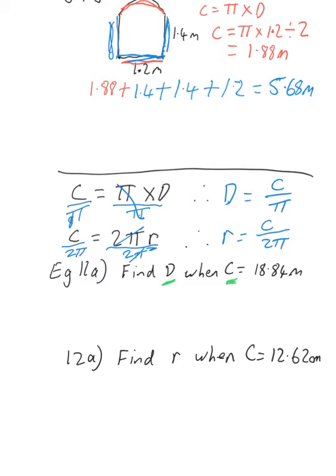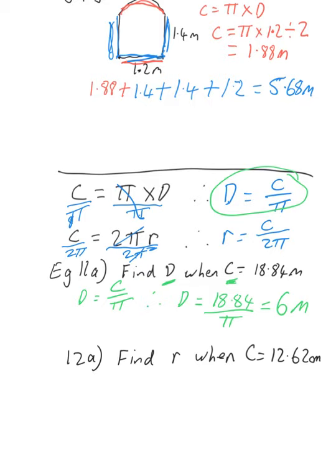Okay, so we want this formula, the one that contains diameter and circumference. So D equals circumference divided by pi, therefore D equals 18.84 divided by pi. Pop that in the calculator and it comes out to pretty much exactly 6 meters.